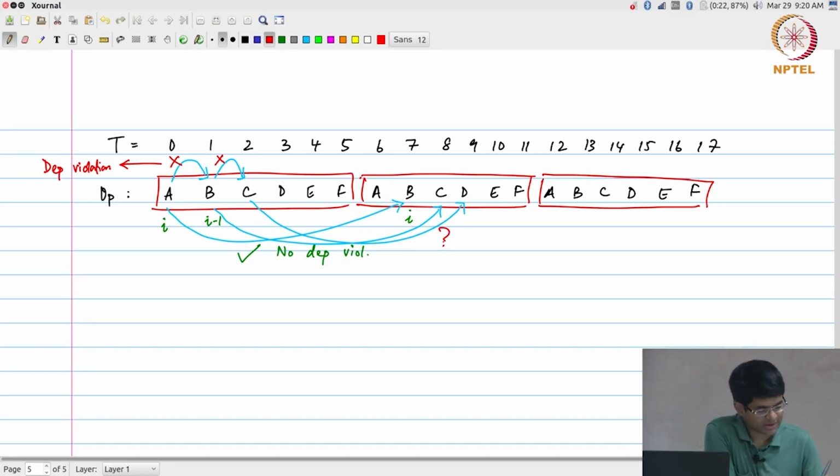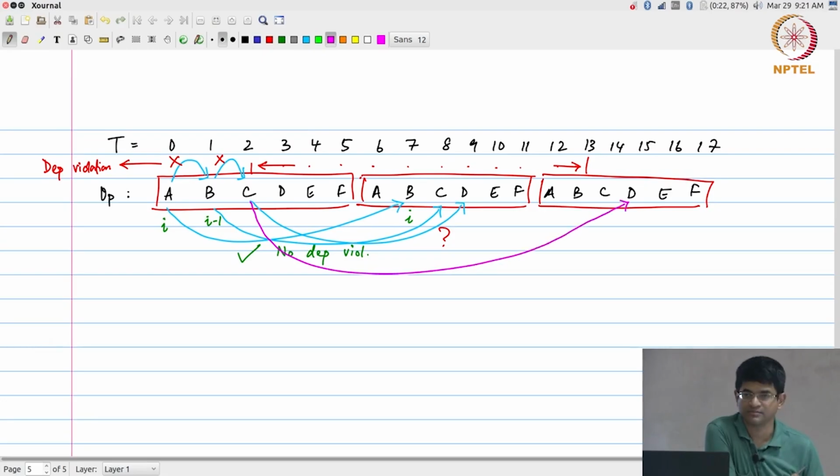It is not, because I need to have 12 cycle latency after C. So, in other words, after C has started over here, I cannot do anything until 1, 2, 3, 4, 5, 6, 7, 8, 9, 10, 11 cycles over here until this point. Okay. So, the only valid thing that I have over here, in other words, is from C I need to go all the way till here.